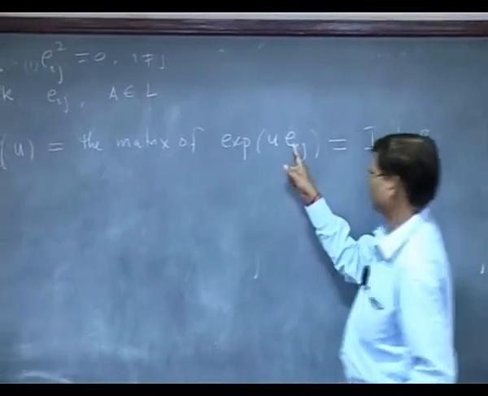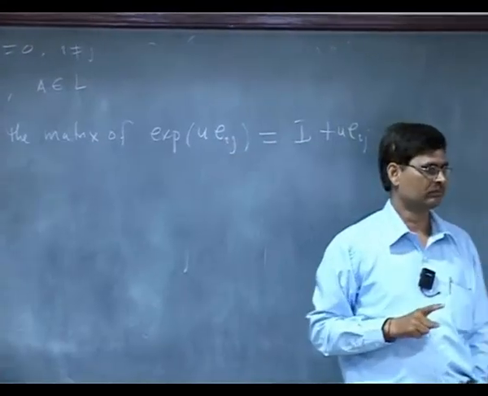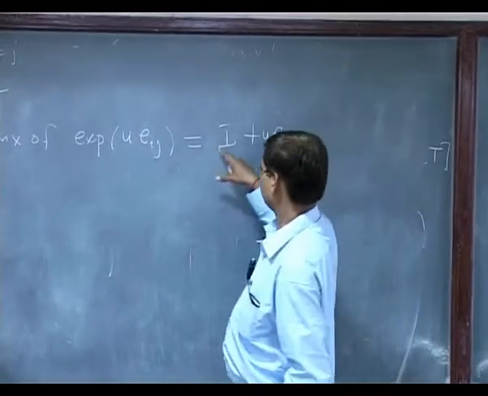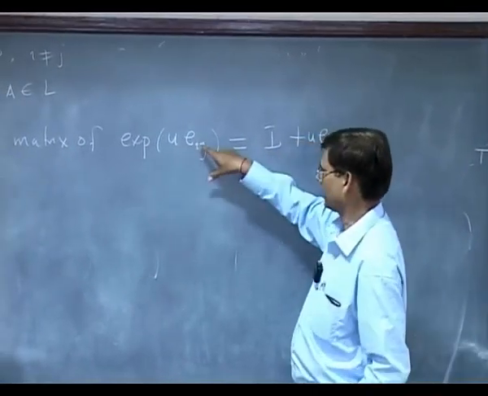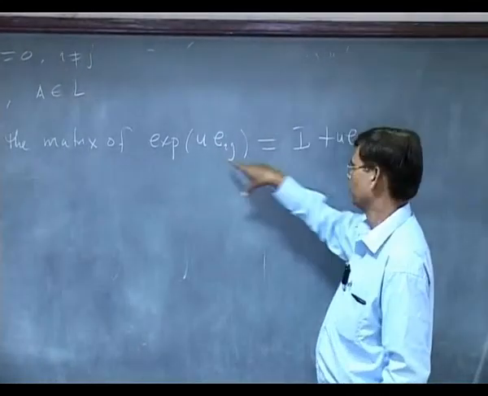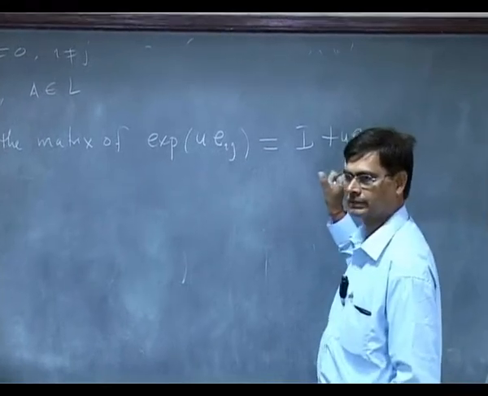Why? Because you know that e_ij squared is 0. So this is the identity plus u times e_ij plus u squared e_ij squared over 2 factorial, and that is going to be 0. Therefore, this is going to be this matrix. Okay.